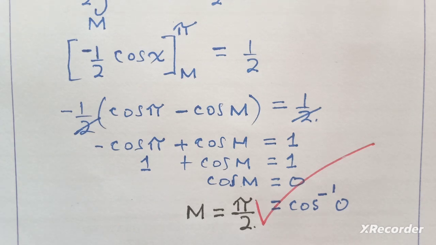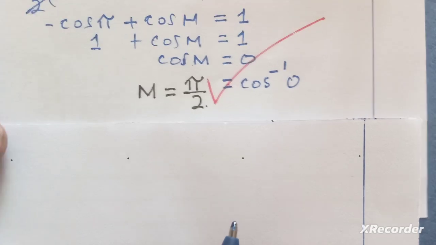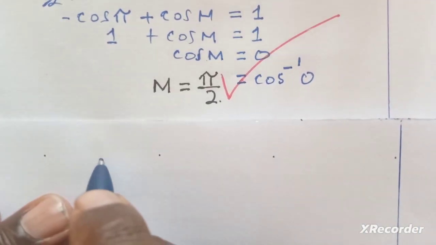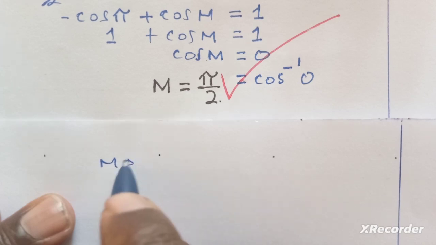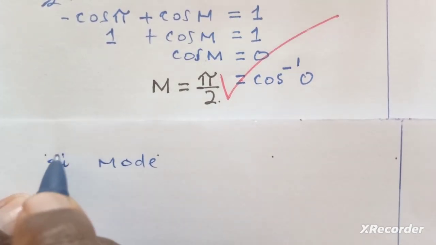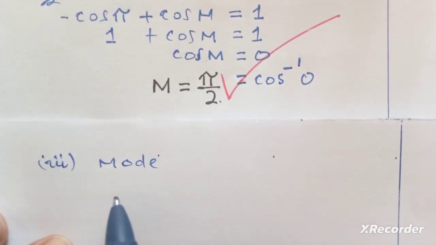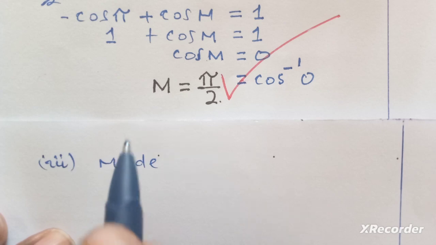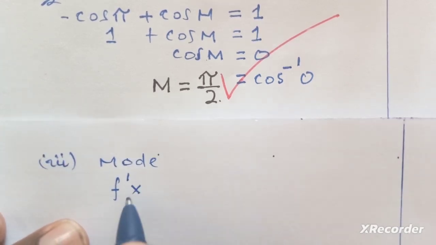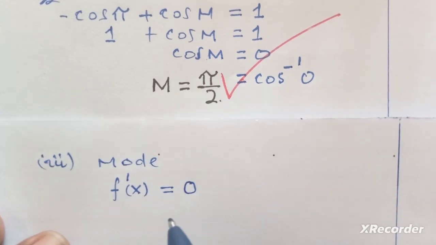So guys, we continue. From there, we look for the mode. For the mode, let me write the word mode there. This is now Roman 3. We are supposed to have the highest point, and the highest point is supposed to be f prime x equals 0.